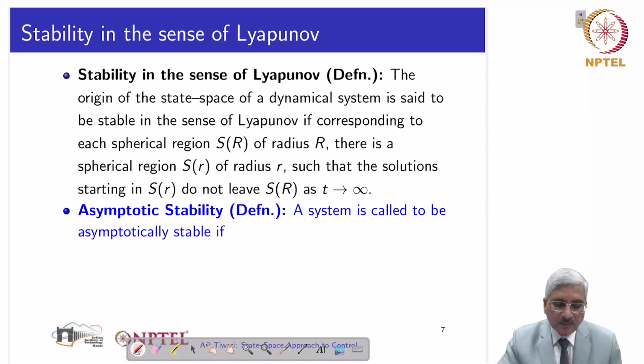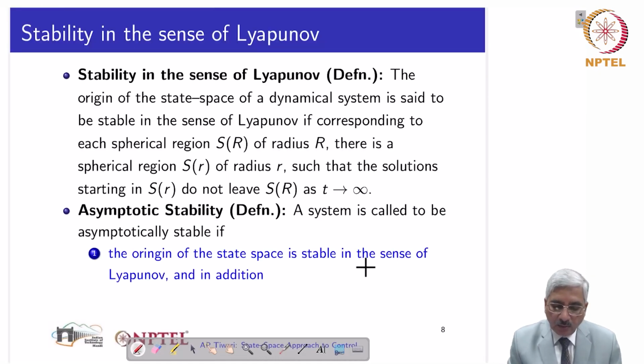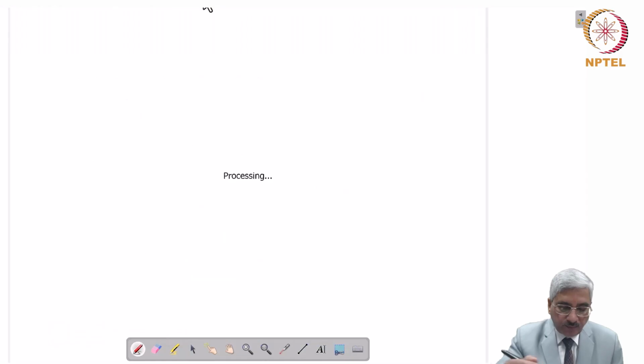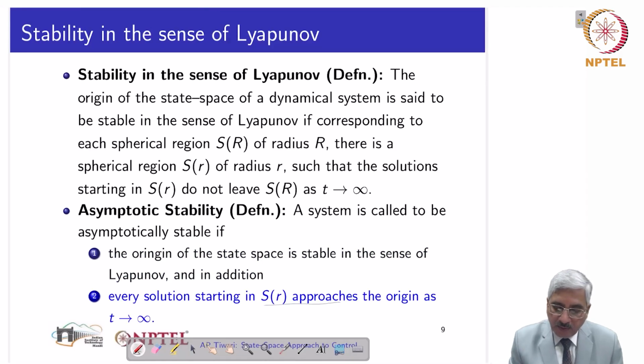If in addition the solution approaches the origin as t tends to infinity, then this is called asymptotic stability.